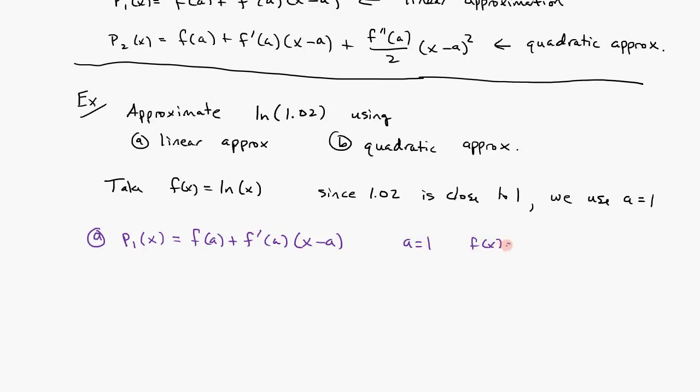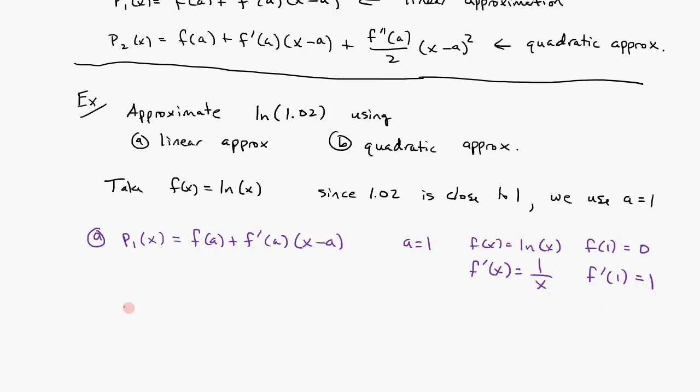F of x is equal to the natural log of x. And so f of 1 is the natural log of 1, which is equal to 0. And we also need the derivative. So f prime of x, the derivative of natural log is 1 over x. And so f prime of 1 is 1 over 1, which is equal to 1.